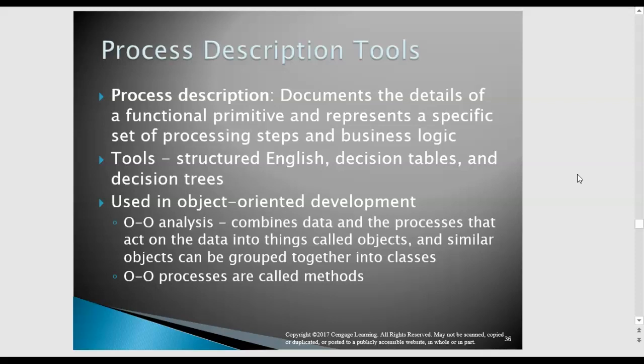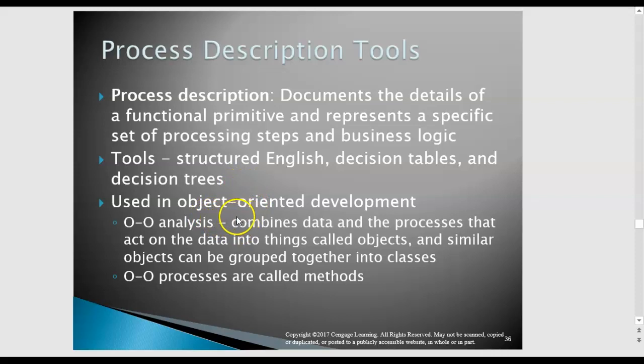So for example, if an employee's total number of hours entered is 40, then process their payroll in this way, or if it's less than 40, then process it in so and so way. So those are some of the ways that process description works and some of the tools that it uses.